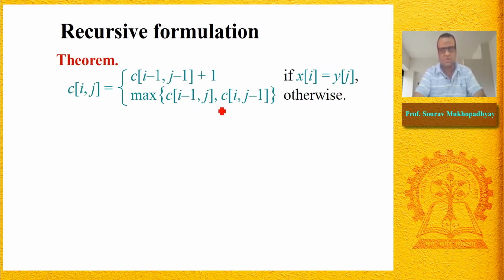So everywhere it is with the lesser index, because this is i and j, and here it is i minus 1, j minus 1, here it is i minus 1 and j, and here it is i, j minus 1. So we will go for one of these formulas depending on whether xi equals yj or not. That will give us an algorithm to calculate the Cij's.